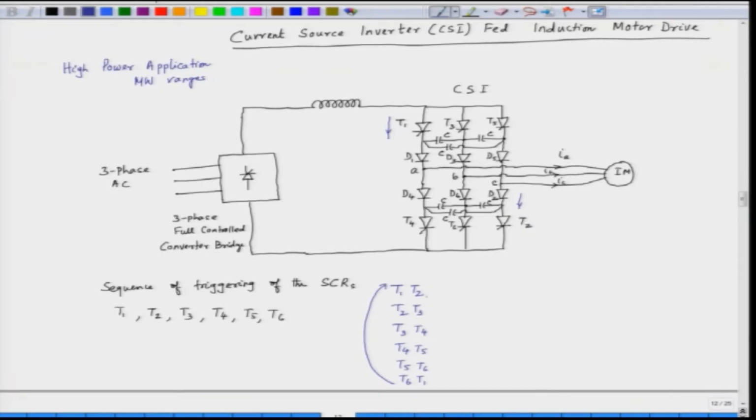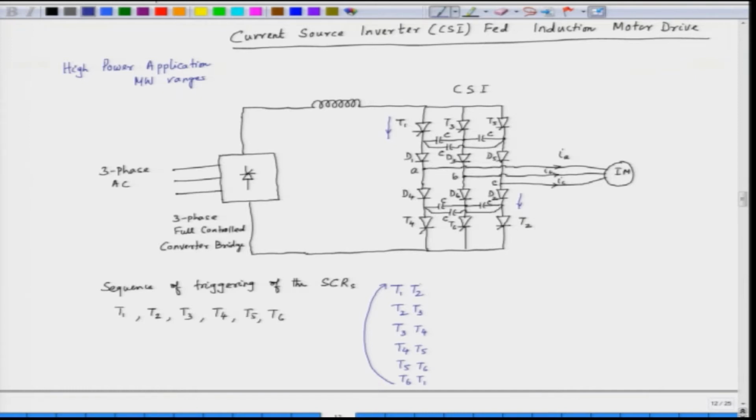So, we see that at any given time two SCRs are conducting and one SCR conducts for 120 degrees. Each interval of conduction is 60 degrees and we have 6 changes in one complete cycle. So, any SCR is conducting for 2 segments, which is 120 degrees.